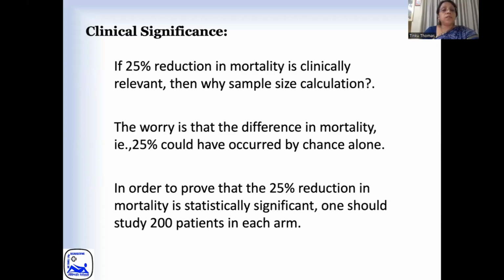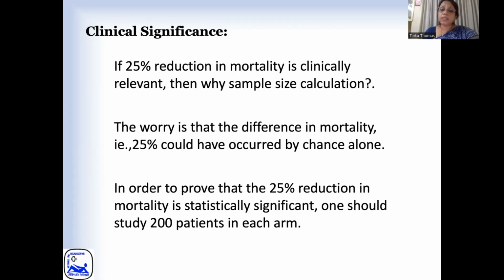So the question is, if 25% reduction in mortality is clinically relevant, then why sample size calculation? If somebody is actually observing 25% reduction in mortality. But then the doubt is, is 25% reduction in mortality occurring due to chance? And how do we eliminate that chance factor?